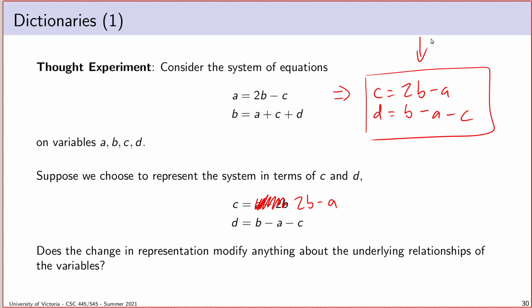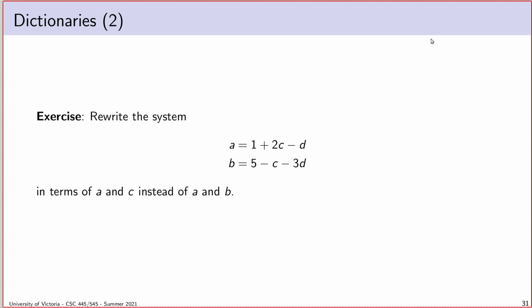And the reason I have to bring this thought experiment up is that what I'm about to show you on a dictionary looks a lot like I'm performing some sort of magical manipulation, but I'm not. I'm rearranging terms. If I rearrange terms, I am changing nothing about the relationships between variables. What I might be doing is making it easier for me to understand those relationships, but that's it.